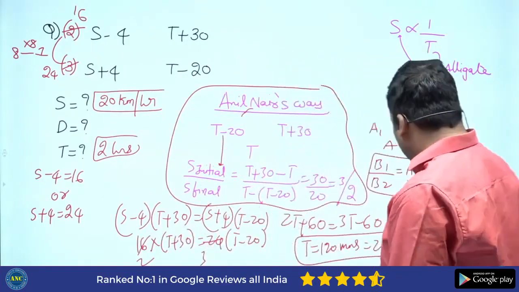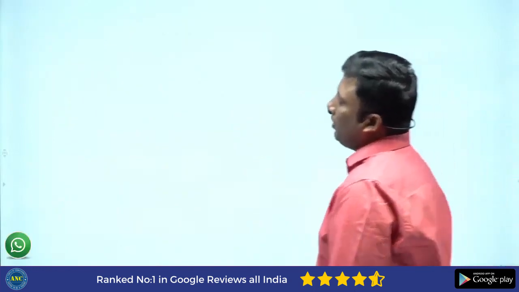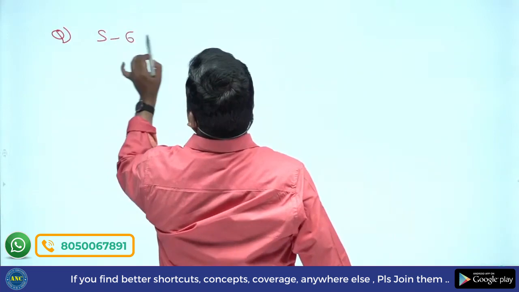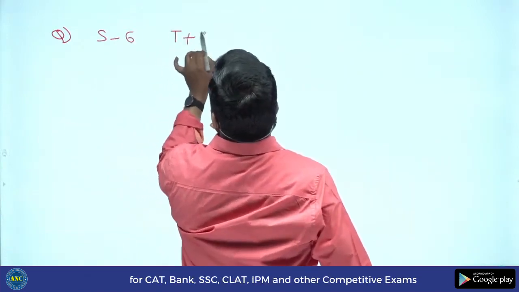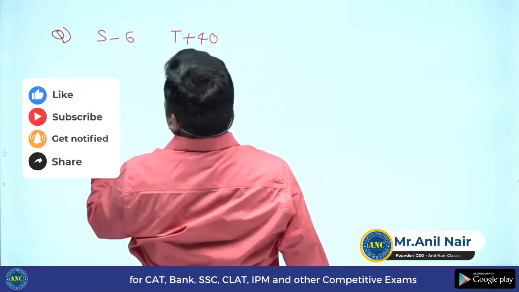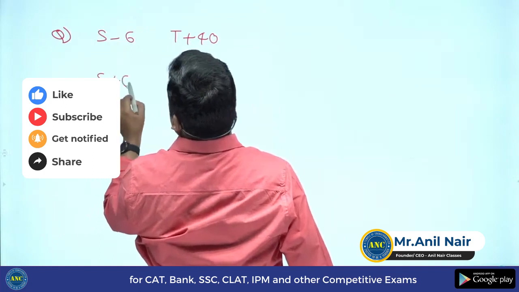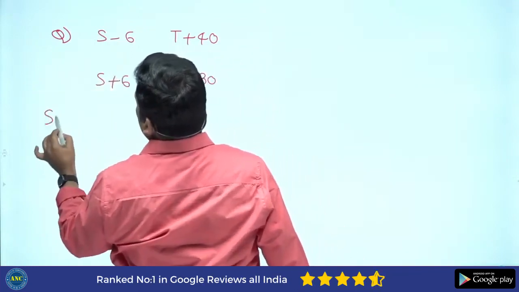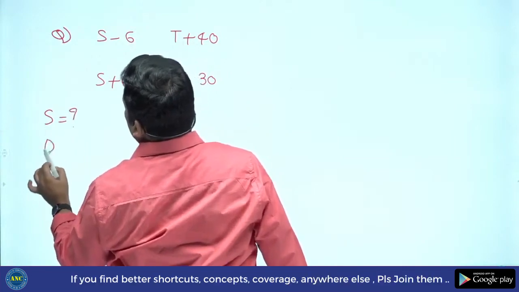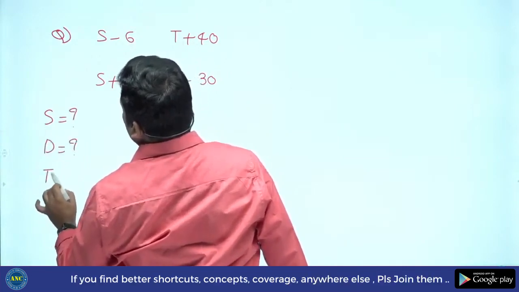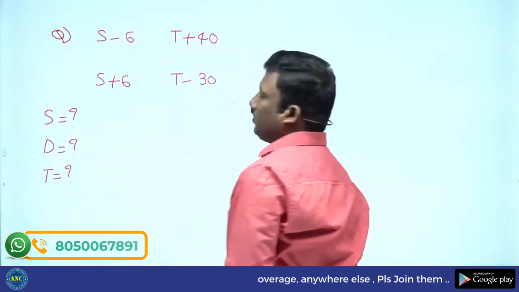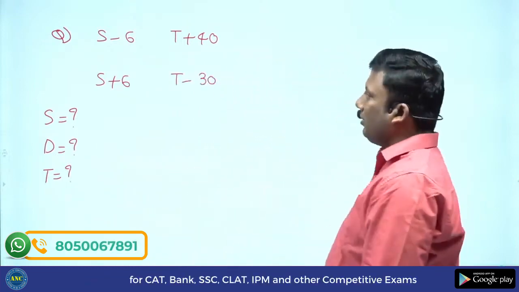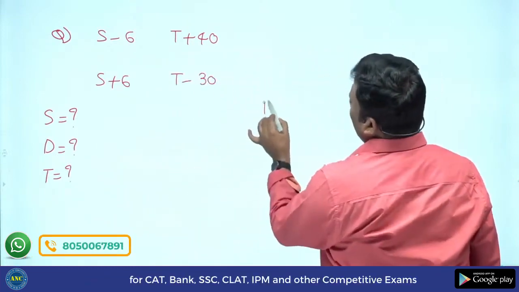This is the proof. Now we will solve 2 more problems. S minus 6, T plus 40, S plus 6, T minus 30. Find the actual speed, actual distance, and actual time. Again, I will tell you one more time.